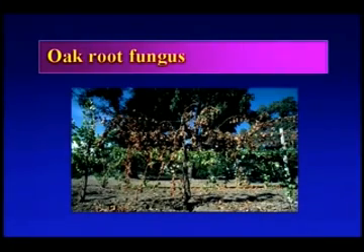Oak trees, I just had to throw this in very quickly, isn't really a picture of oak root fungus. We do occasionally run into oak root fungus in vines in the foothills, as you would well expect. But that's probably not the biggest problem with oak trees. They just tend to be very, very competitive, as you all know. They're competitive with grapevines just like with everything else. And this shows a grower who made a valiant effort to leave the oak trees in.